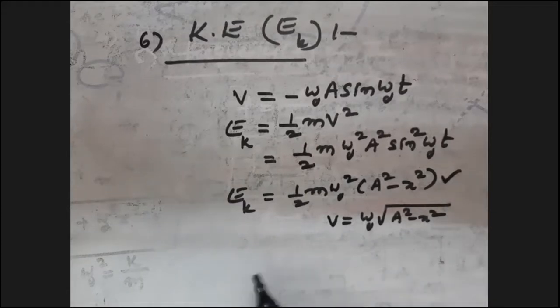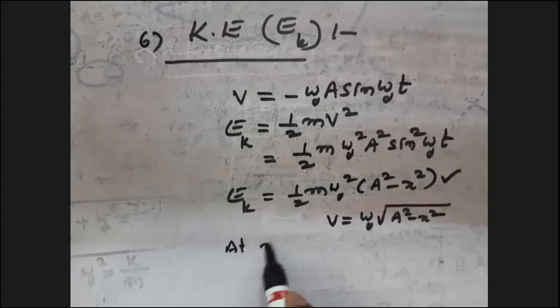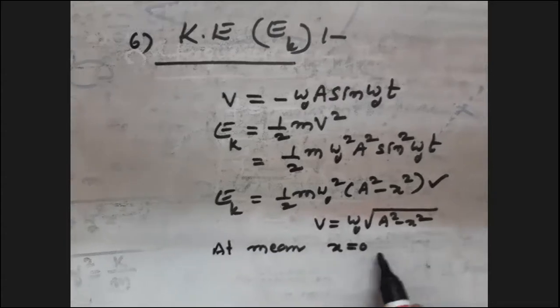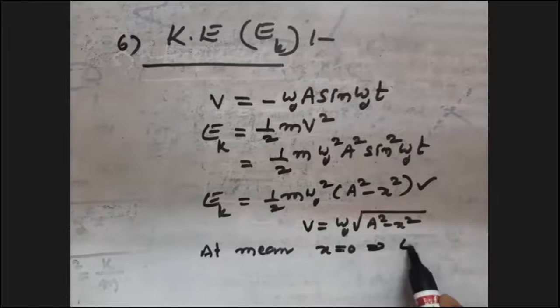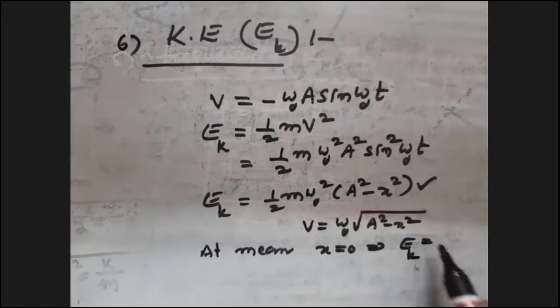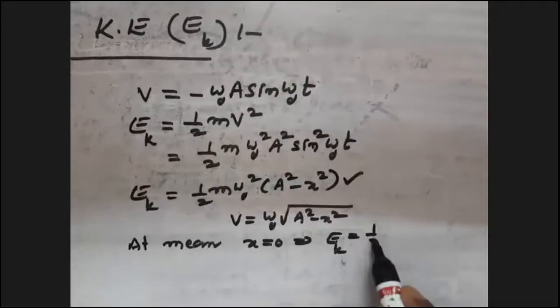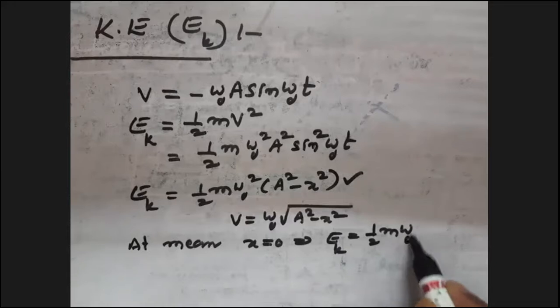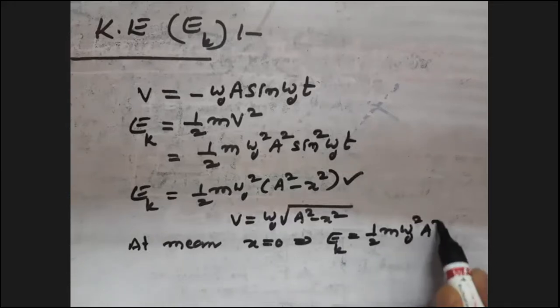Here also let us see the two cases. At the mean position, x is equal to 0. Then you will get kinetic energy EK equal to half m omega naught square A square. So this is maximum.